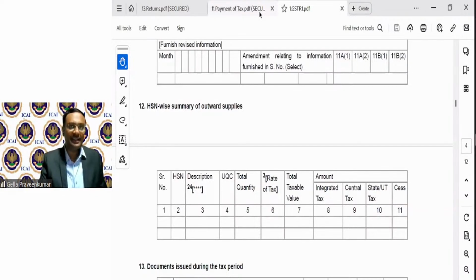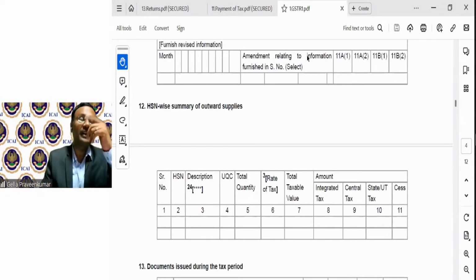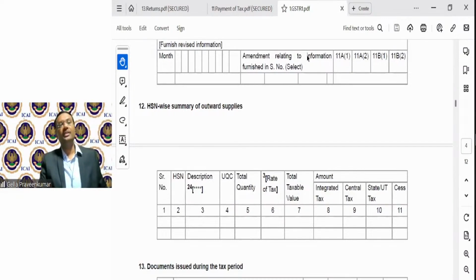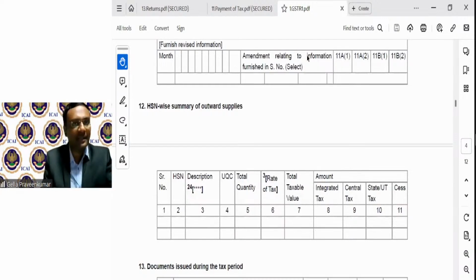So this HSN-wise summary is compulsory. Why? I maintain books of accounts. Also, I issue a tax invoice where my HSN number up to 4 digits has to be mentioned. So for that reason, Namrata, when you file your GSTR-1, because you are issuing a tax invoice and mentioning this particular HSN in it, I would say yes, it is compulsory.